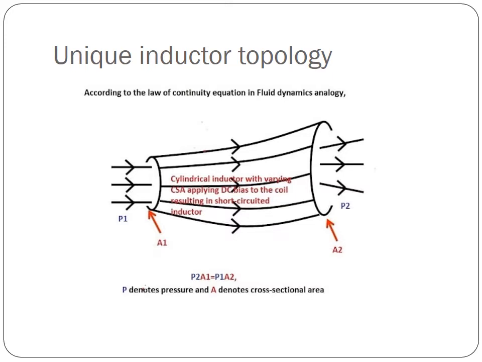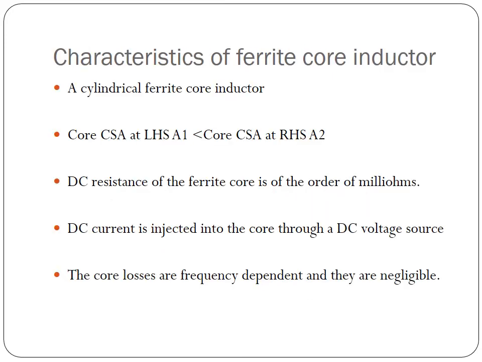So what are the characteristics of this inductor? It is a cylindrical ferrite core inductor. As I already said, the cross-sectional area A1 is less than the cross-sectional area A2, and the DC resistance of the ferrite core is of the order of milliohms, very close to short-circuit resistance in most cases.